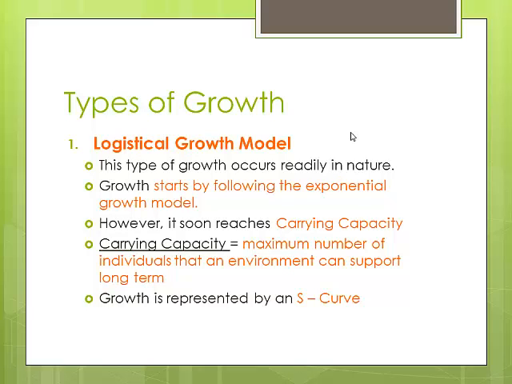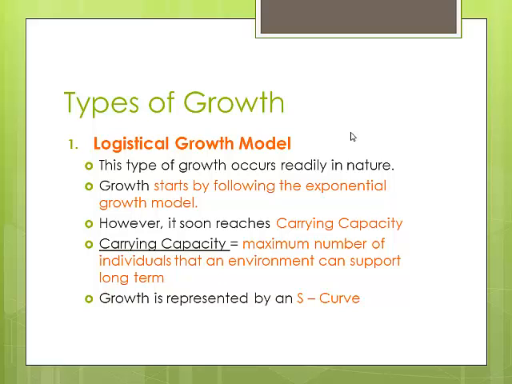Conversely, the logistic growth model starts normal and then is put into check by something. Most of the time it's by resources. So it starts out like an exponential growth model, but it can reach a carrying capacity. The carrying capacity is how much that actual land can support, whereas with exponential there is no maximum.